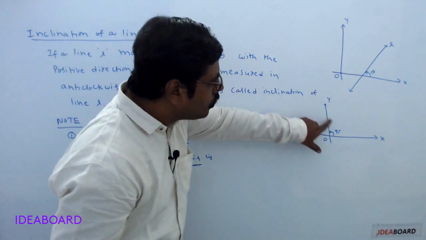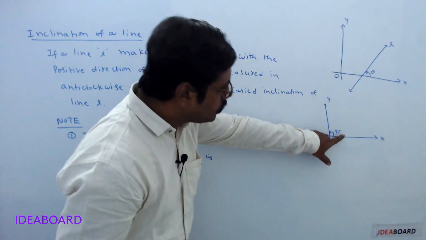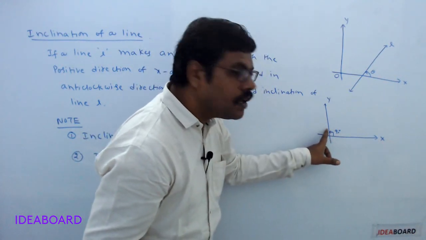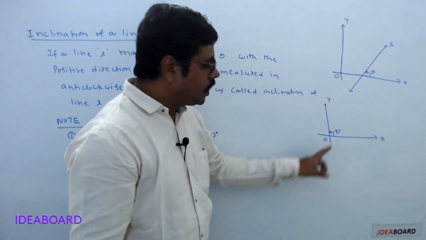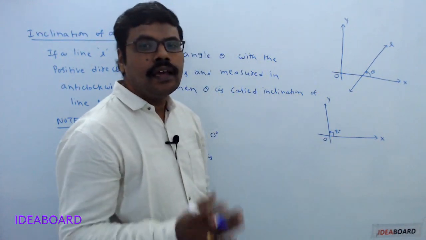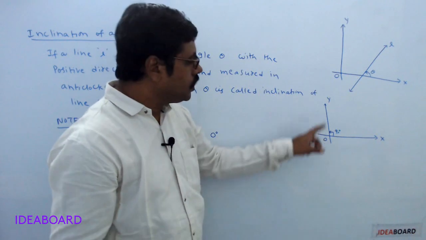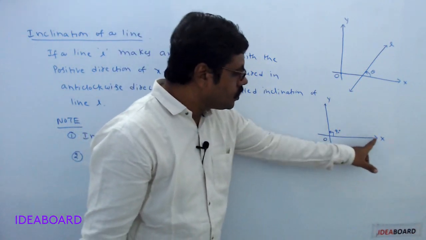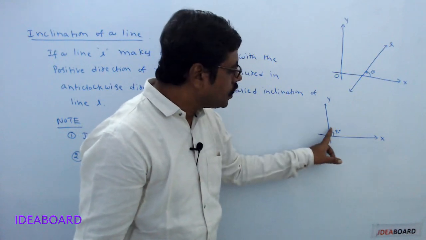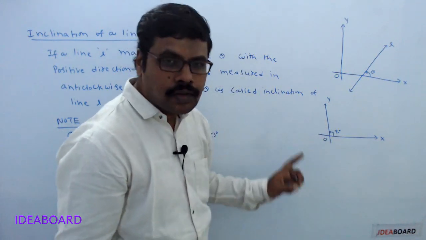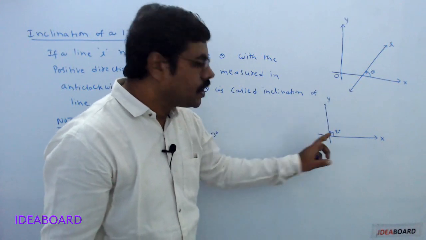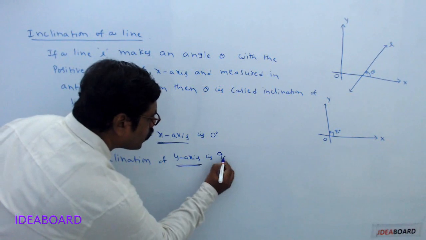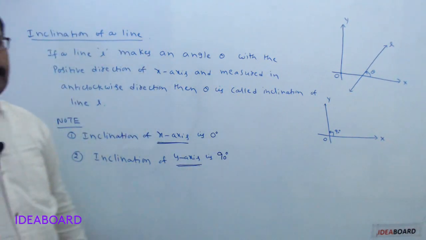If a line makes an angle theta with the positive direction of x-axis and measured in anti-clockwise direction, then that theta is called inclination of the line. Here, this line makes an angle 90 degrees with the positive direction of x-axis, so inclination of y-axis is 90 degrees.